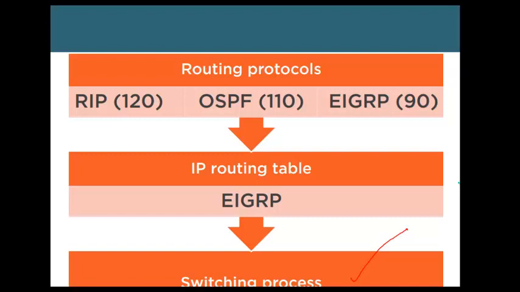So path control, in short, what I want to say is, it is partially dependent on the routing protocol, partially dependent on the routing table manager, and partially depends on the switching process. That is the meaning of these two paragraphs.